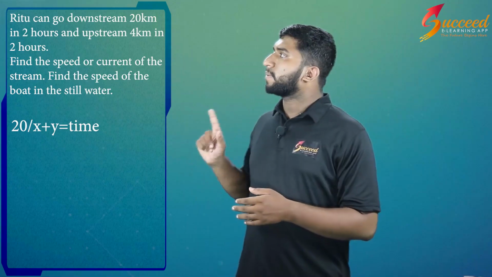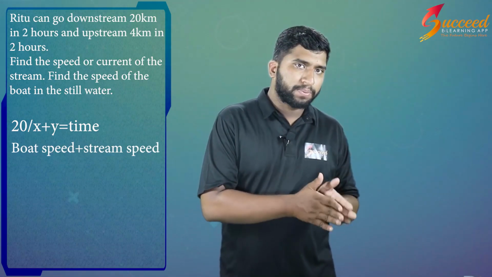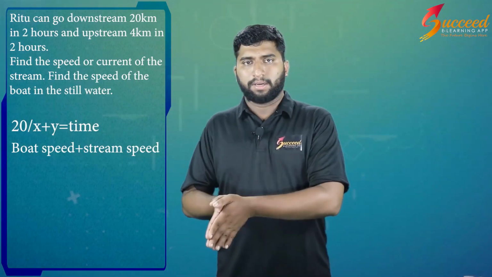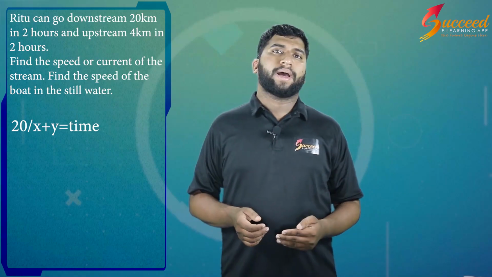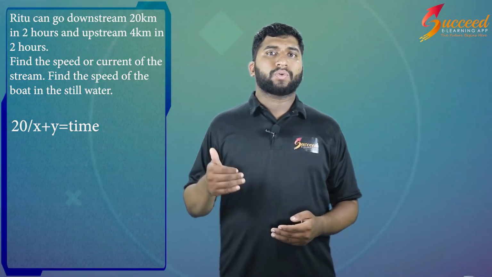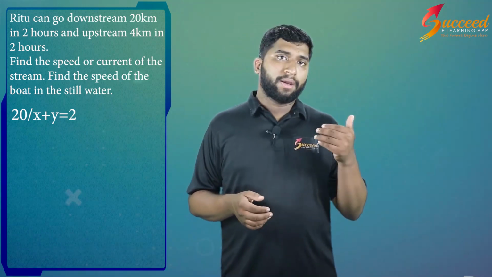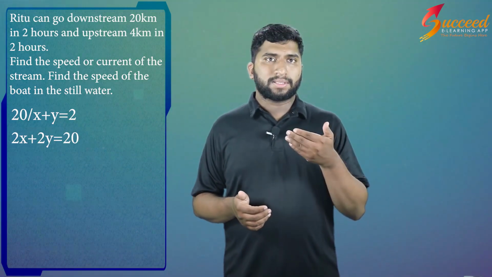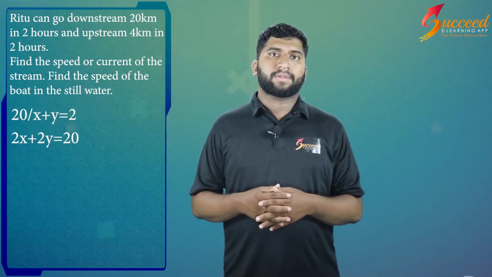Because the boat is going downstream, so you should add the boat speed plus stream speed. So 20 divided by x plus y is equal to 2. Now cross multiply, you get 2x plus 2y is equal to 20.